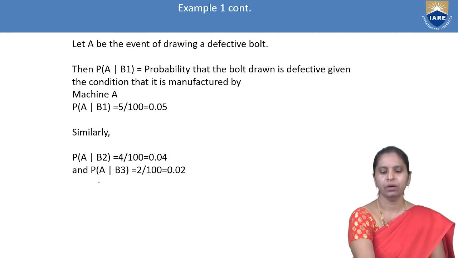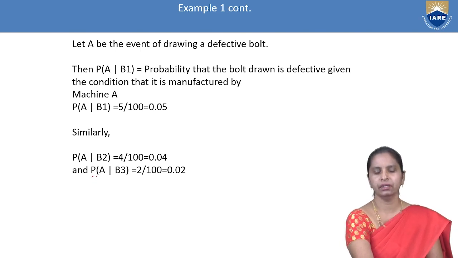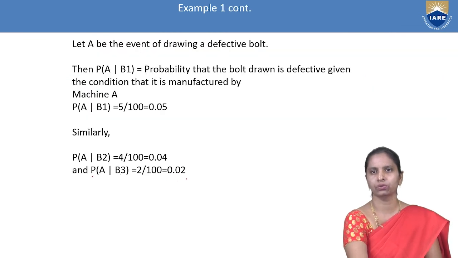And similarly, what is P of A by B3? The probability of selecting a defective bolt given that the bolt is selected from mission C. They have given it as 2%, so 2 by 100 is 0.02.